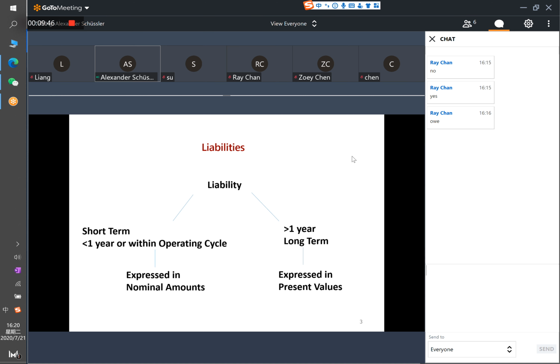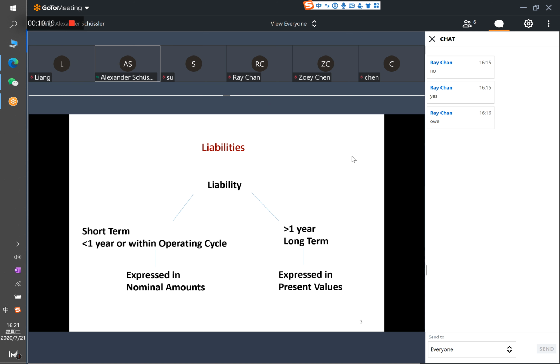For example, for BMW, the operating cycle is the buying, producing and selling of cars. So BMW has cash on hand, then it buys some raw materials, it produces a car, it has finished products, it sells the finished products, it has an account receivable, and then the customer pays and it gets the money back.